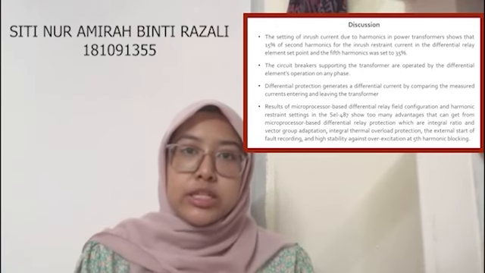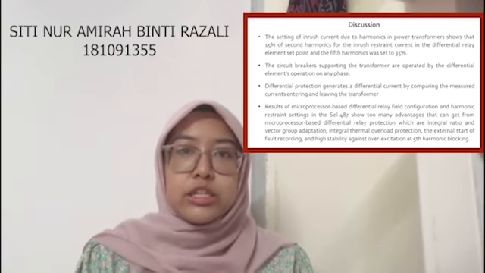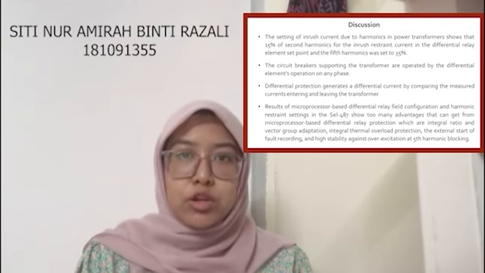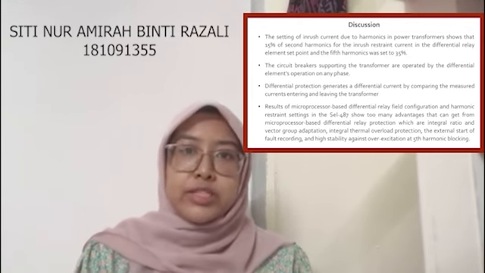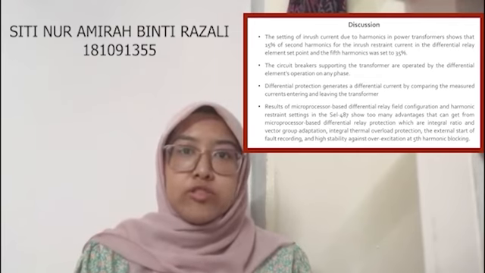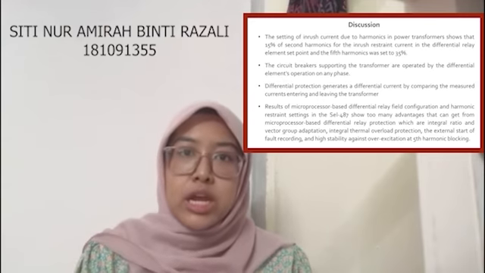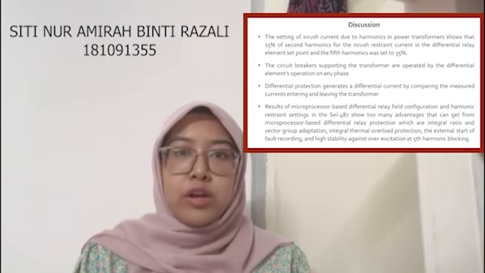In addition, the circuit breakers supporting the transformers are operated by the differential element's operation on any phase. It shows that when the transformer does not trip during energization or sympathetic inrush, the restraint will be met at all phases.